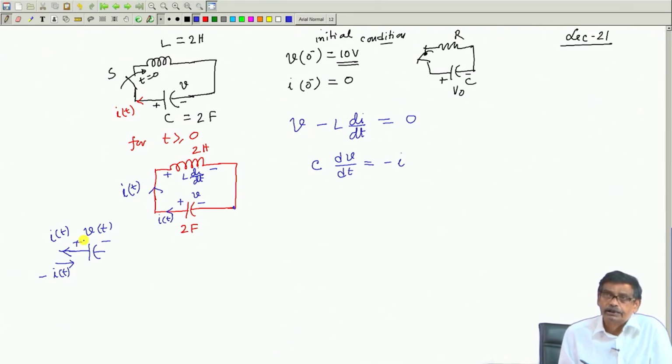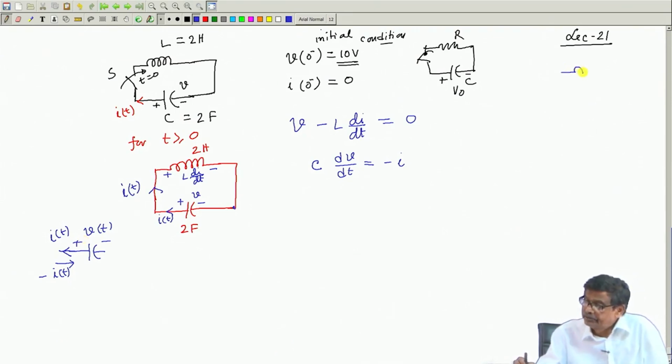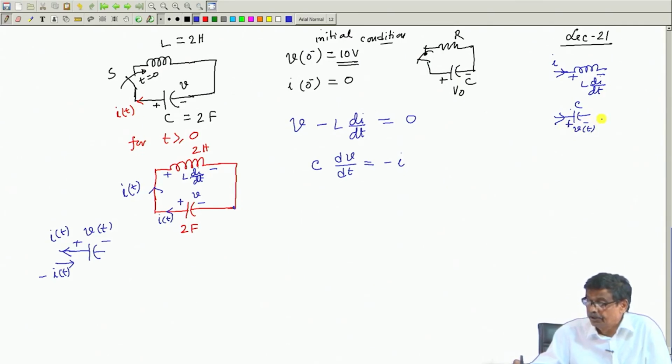This point is crucial, students often make mistakes here. You must always remember, if you have assumed current this way, the voltage across the inductor is L dI/dt. If it is a capacitor, and current enters through this terminal, where I have also assumed the voltage polarity to be like this, then I is equal to C dV/dt.